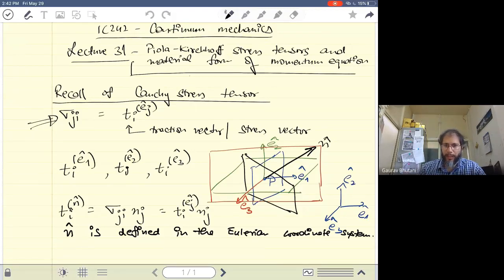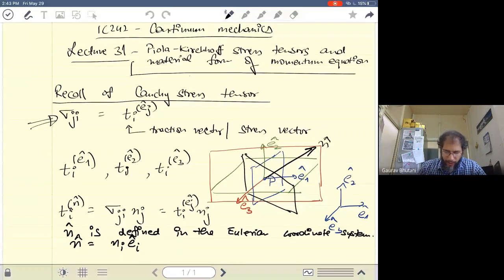So n hat is defined in the room coordinates or the Eulerian coordinate system. What that means is I write my n hat as a linear combination of the components of n written in the unit vectors along the Eulerian coordinates.